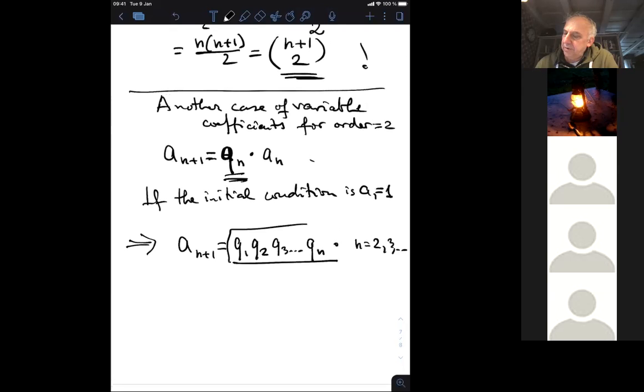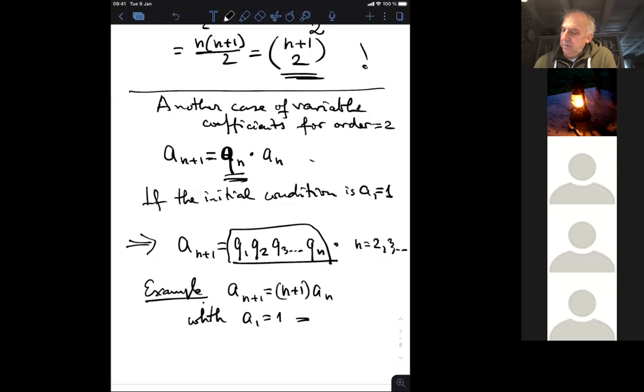It would be just the product of those coefficients. So a very basic example is we can get factorials in this way. Say a n plus 1 equals n plus 1 times a n, with a1 equal to 1, giving us a n plus 1 equals n plus 1 factorial.